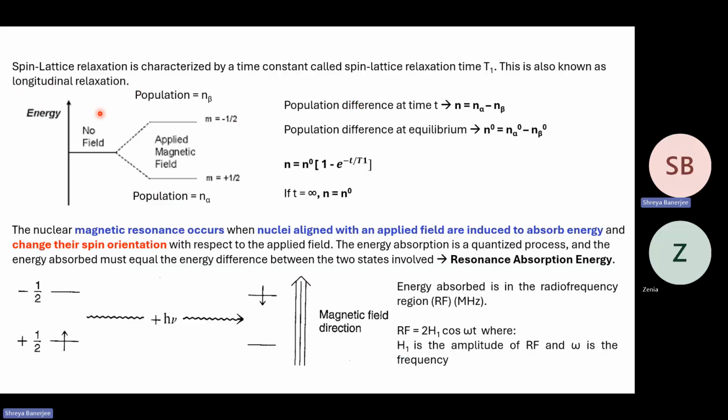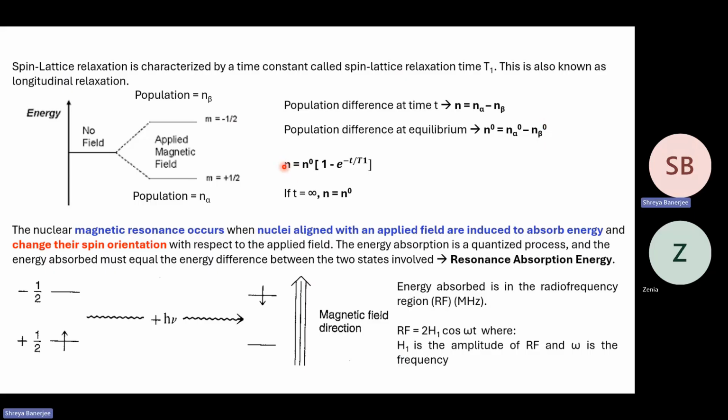So you have the two energy levels split up, alpha and beta, and the population of the lower level is N alpha, population of the upper level is N beta. So the population difference at any time t, we are representing by n, is n alpha minus n beta. If we consider the population difference at equilibrium, we write it as n0, the population of alpha at equilibrium minus the population of beta at equilibrium.